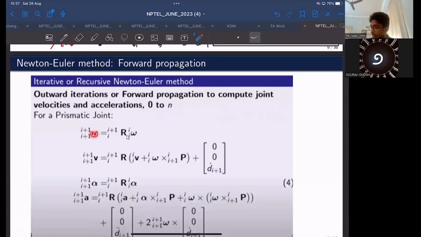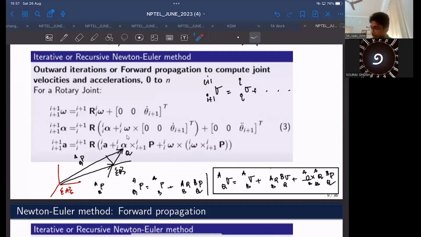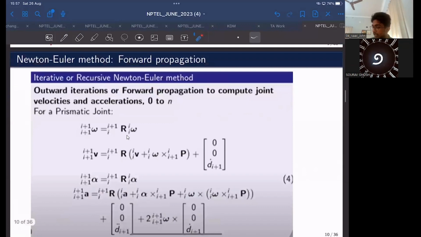So the angular velocity of the i plus 1th link is the same as the angular velocity of the ith link, but brought forward using this transformation, because earlier we have seen this term basically vanishes. And the linear velocity of the prismatic joint will be the linear velocity of the previous joint, plus the term omega cross P, the radial term, as well as the slip, the linear term, 0, 0, d i plus 1 dot.